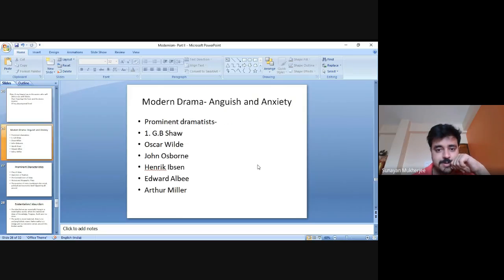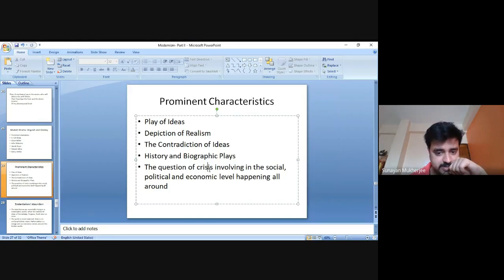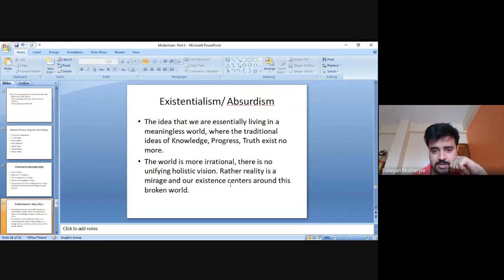As for the aspects of modern drama, you would read these famous dramatists later on: G.B. Shaw, Oscar Wilde, John Osborne, Ibsen, Arthur Miller. The prominent characteristics would be the same, the play of ideas, but in the drama it would be the depiction of realism, the contradiction of ideas, the history and biographic plays, the question of crisis, involving the social, political, and the economic level happening all around.